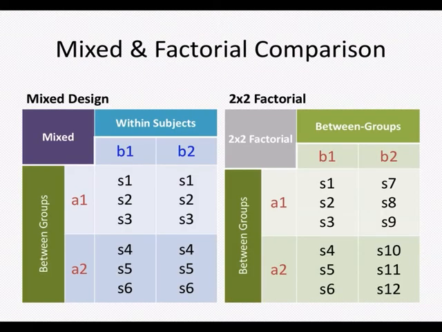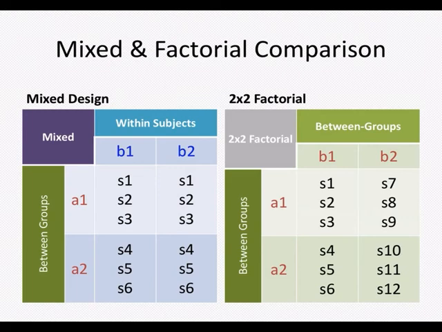Okay, so we're done with the conceptual parts in terms of degrees of freedom and the sum of squares. Now I just want to give you an illustration of what's different between a mixed design and a factorial design. Here is what the two look like. A factorial design is when both IVs are between group IVs.